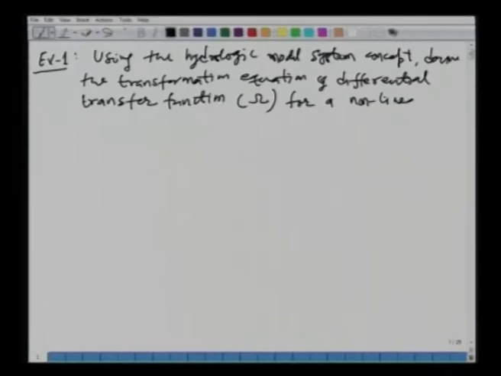Remember, earlier we had seen an example of a linear reservoir. So, today we will look at a non-linear reservoir of second order.